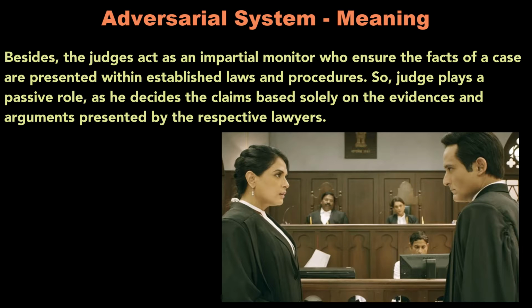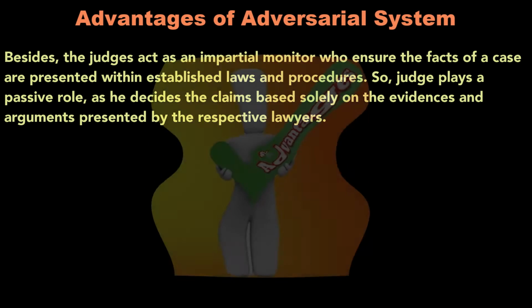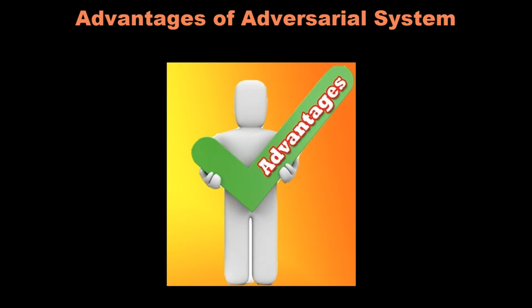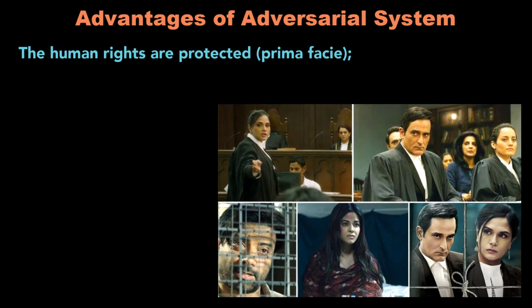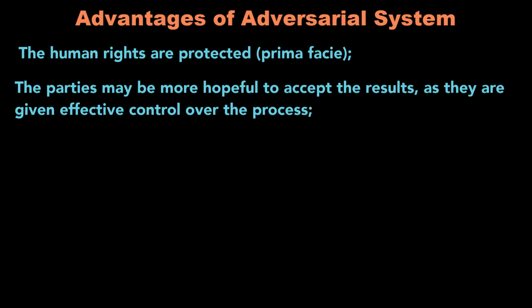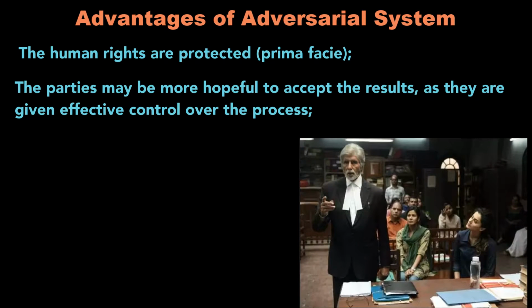Now let's check out what are the advantages of the adversarial system. Some of the advantages are that human rights are protected. In this adversarial system, human rights are given privilege. And until and unless the offense is proved, the accused is considered as not guilty, or innocent. Secondly, the parties may be more hopeful to accept the results as they are given effective control over the process.